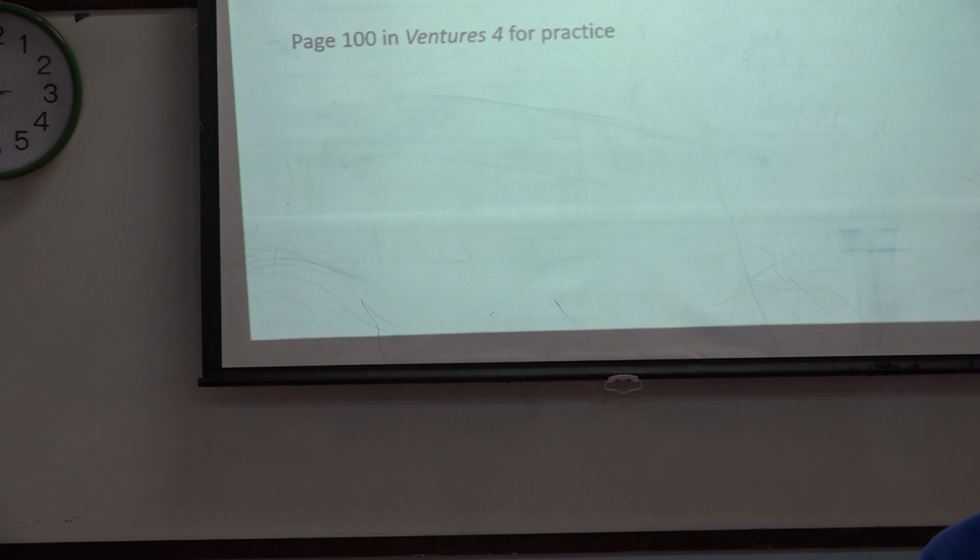I'll do it again slowly. Irritated. And then we blend it all together. Irritated. But we use the -ed form because we're describing how he felt, how the boss felt.